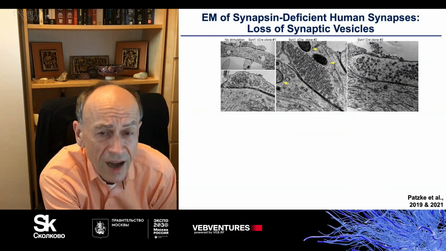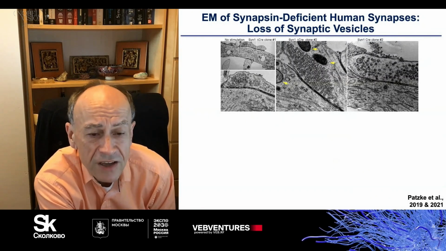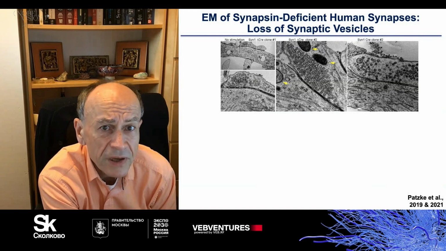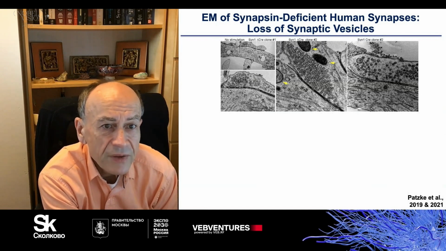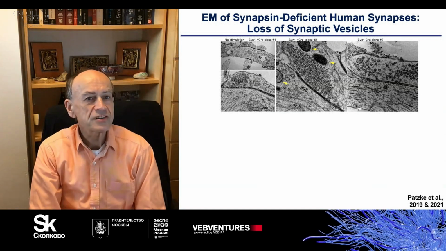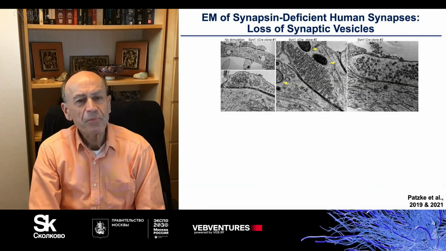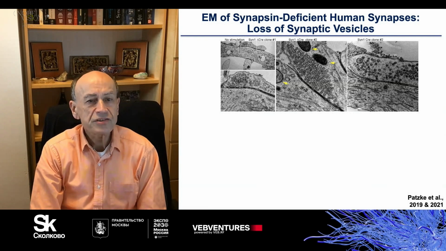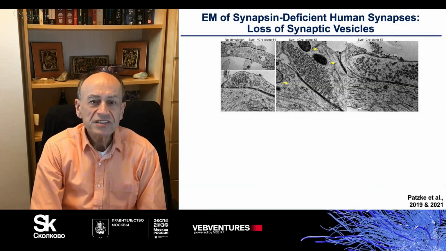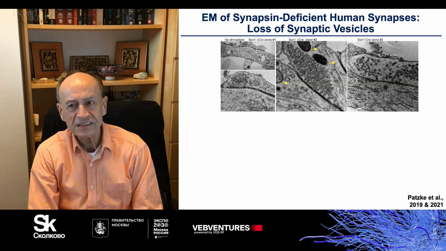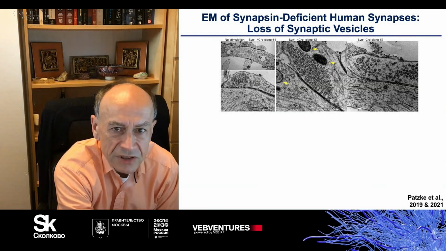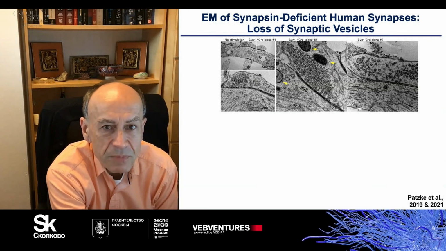And what you see here are images of such fast freeze electron microscopic pictures, demonstrating that you can see beautiful synapses which contain tons of synaptic vesicles in the presence of synapsin, as shown in the middle panel, but seem to contain less vesicles in the absence of synapsin, as shown on the right panel.